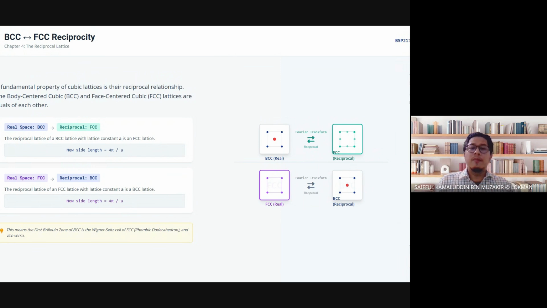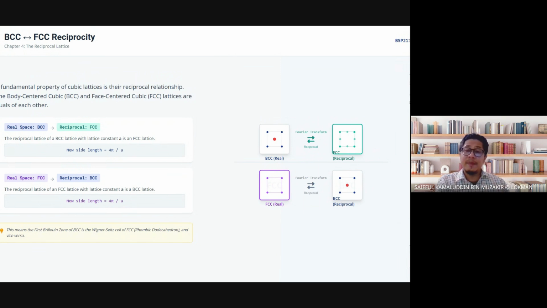So as the title mentioned, BCC to FCC reciprocity. So we move to a more interesting relationship. As I mentioned, we expect there are deviations between the crystal structure in the real space and in the reciprocal lattice. So the reciprocal lattice of BCC, if in the real space is body-centered cubic, in the reciprocal lattice, it is predicted as FCC, the face-centered cubic.